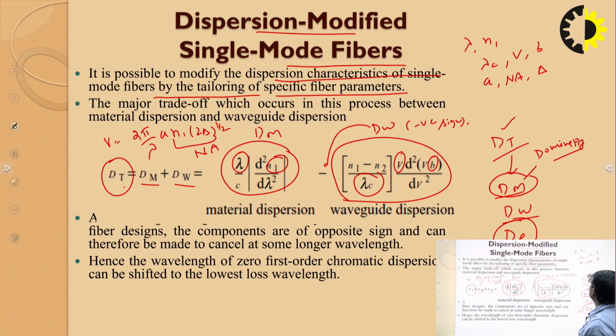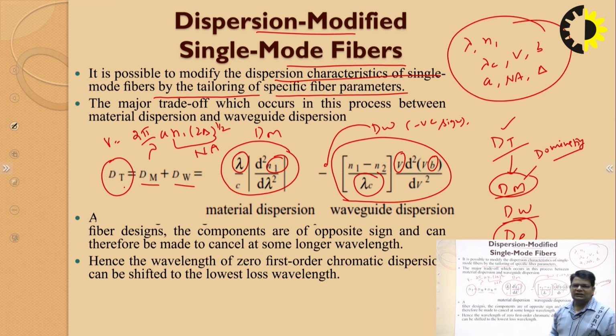These are the parameters. By modifying these parameters, we can modify the dispersion response for the single mode fiber. If we change the values of these parameters, then the total dispersion corresponding to the single mode fiber will be modified, and the fiber obtained in this case will be known as the dispersion modified single mode fiber.